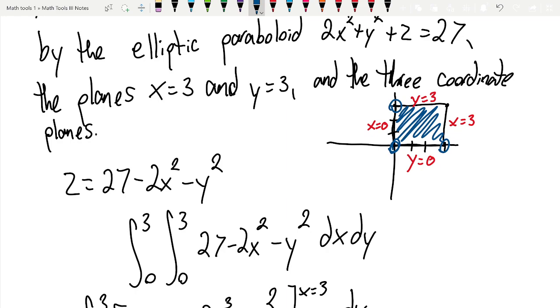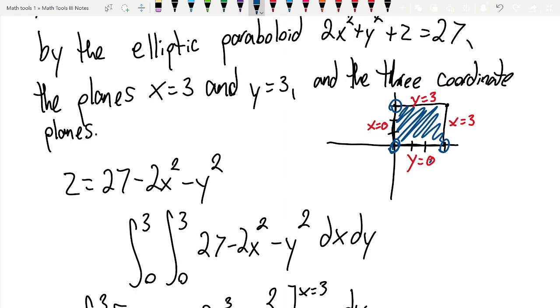In the last video, we were just thinking of it as going from the first x value to the last, and then from the first y value to the last. I think it's a little bit better now to think about it as going from different lines. So we went from the line x equals 0 to x equals 3, and then from the line y equals 0 to y equals 3.